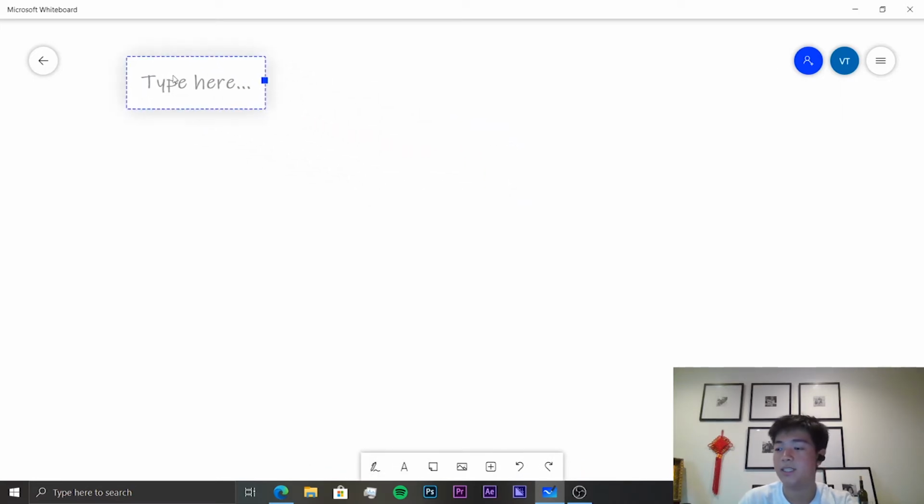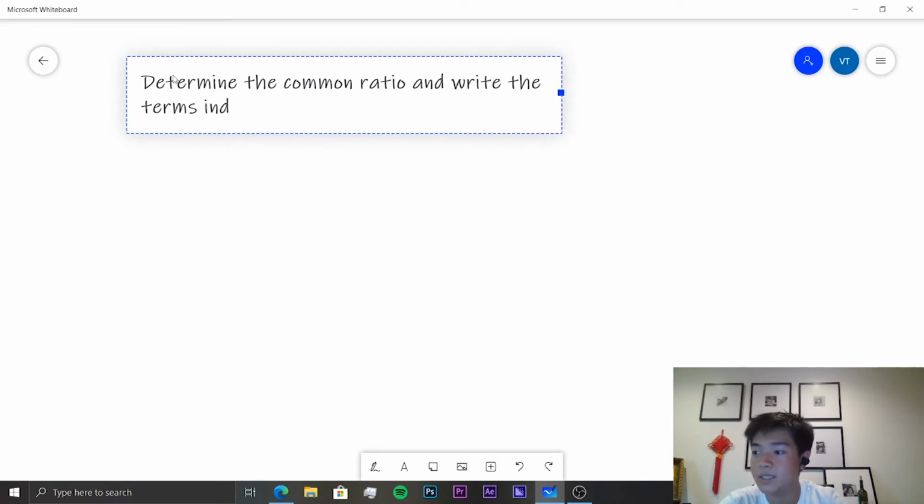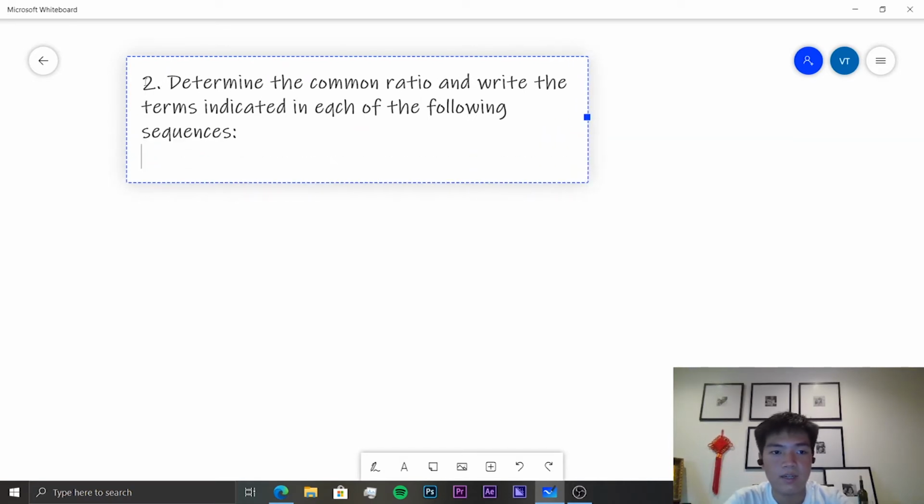So our next question is, determine the common ratio and write the terms indicated in each of the following sequences, which is question 2. So part A, which is 63, 21, 7, and we need to find the sixth term.